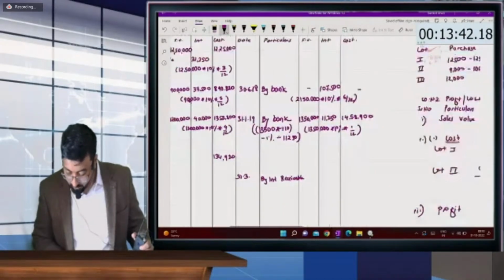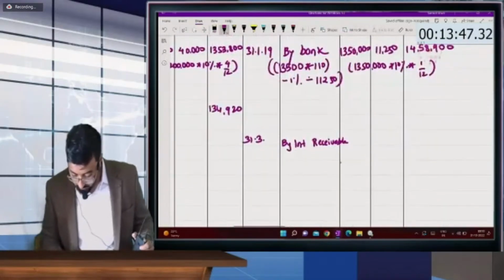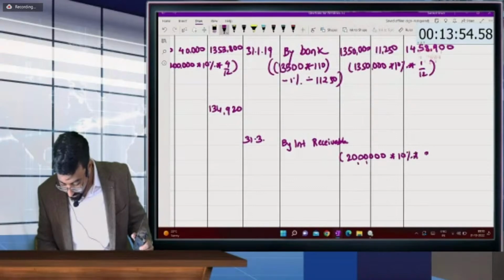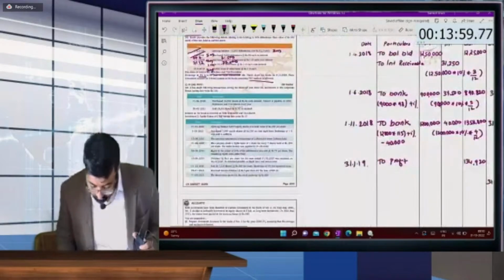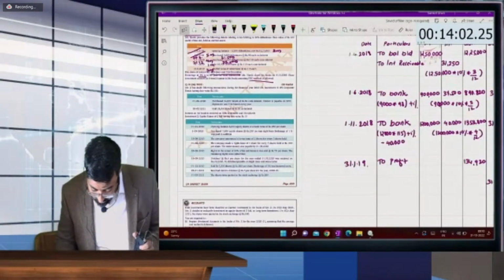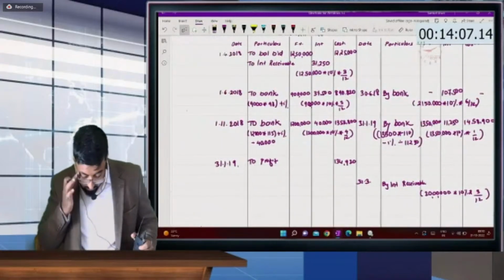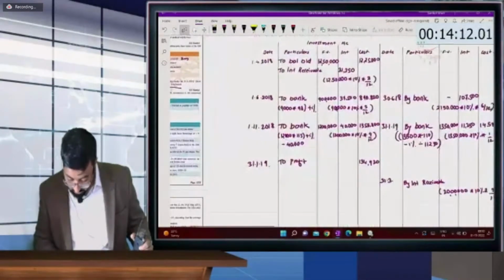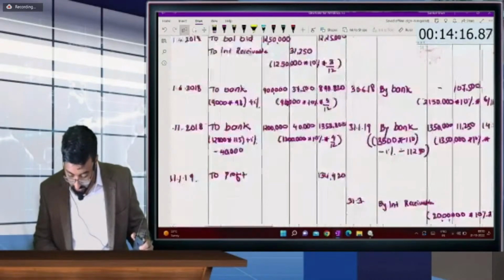Now you are left with 20 lakhs into 10% into 3 by 12. First, the 31st December interest was not recorded.